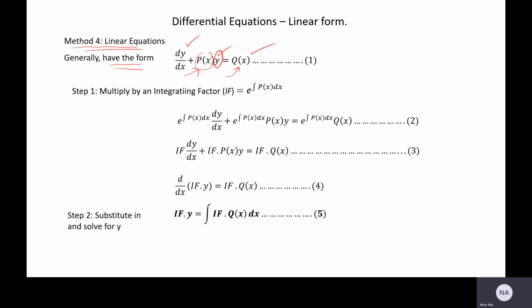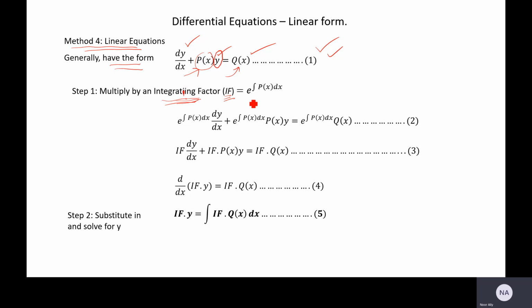Now, we'll get to one example. However, I just want to provide the background to the steps that we are going to follow. So when we have an equation of this form, what we tend to do is we introduce what we call an integrating factor. I'm going to call that IF. Now, textbooks may use a different name, but generally they refer to that as an integrating factor.